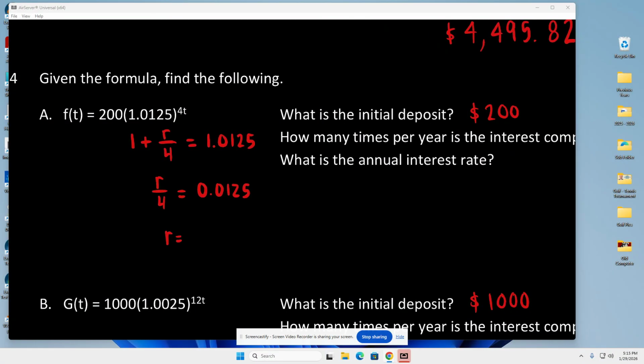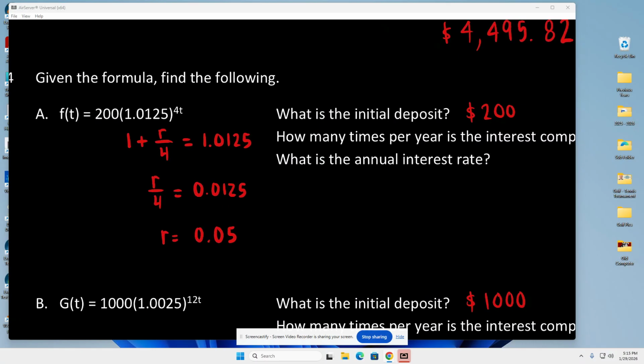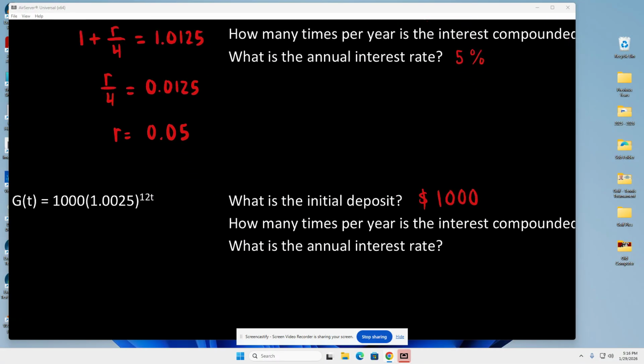So if I go to my calculator and take 0.0125 and multiply it by 4, what do you get? I hope you got 0.05. So look, guys, if my r is 0.05, I'm going to move that decimal 2 to the left, and my annual interest rate is 5%. Okay? Pretty easy there. Hopefully.